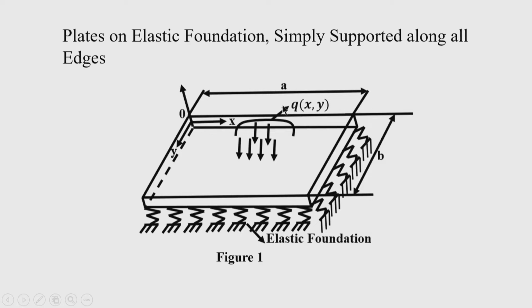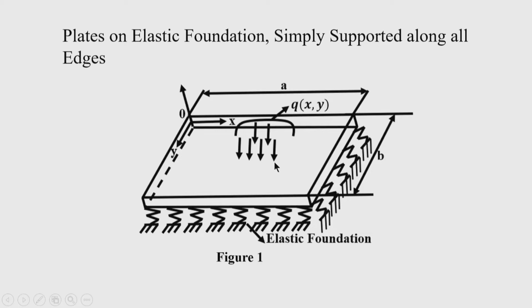So many cases may arise, and it is resting on the soil subgrade or elastic subgrade, that is we call the elastic foundation, which is modeled as a spring, that is called the Winkler foundation model. So, the spring is representing the soil here or elastic subgrade, which offers upward reaction to the deflection of the plate.